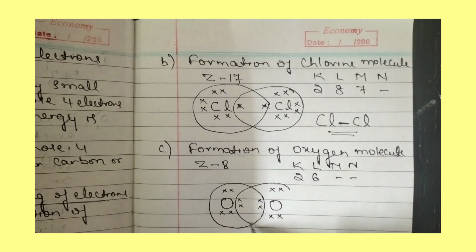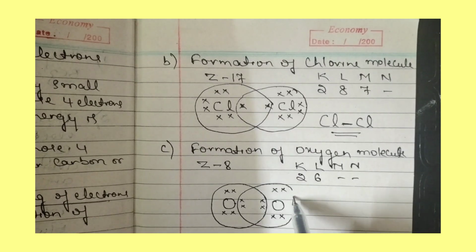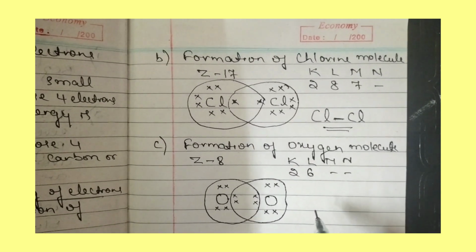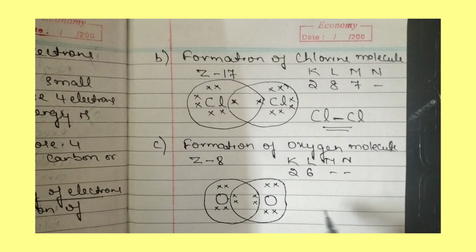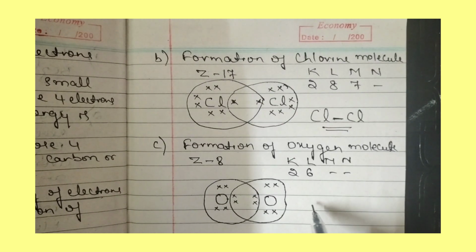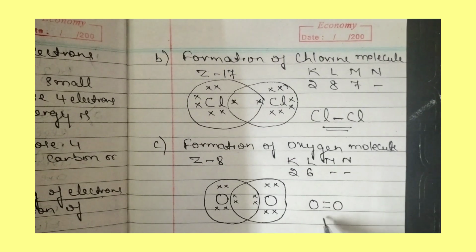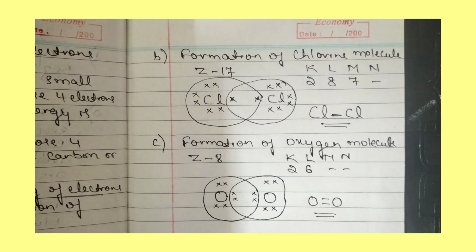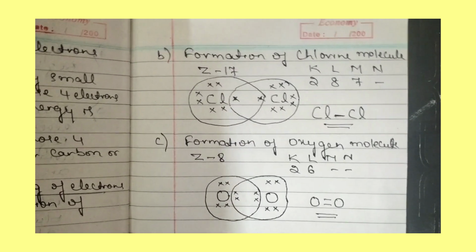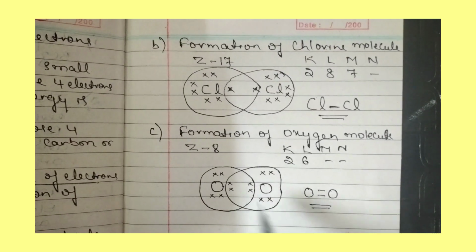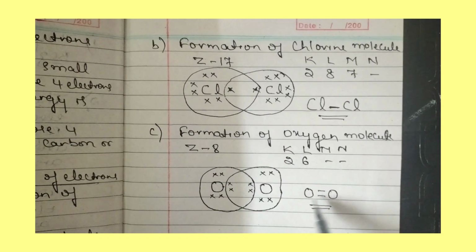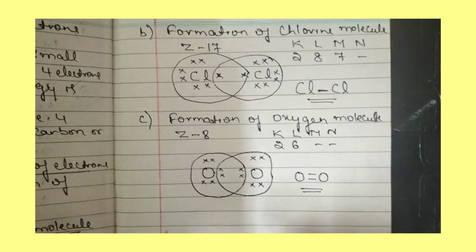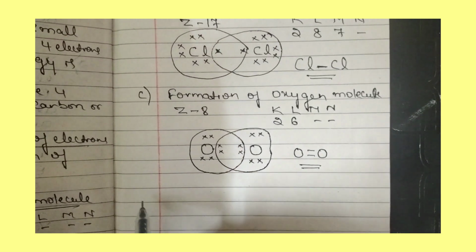So one oxygen atom combines with another to form a diatomic molecule of oxygen. So O double bond O. They share their electrons to become a diatomic molecule of oxygen. So this is formation of oxygen molecule.